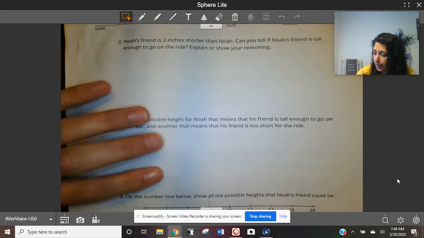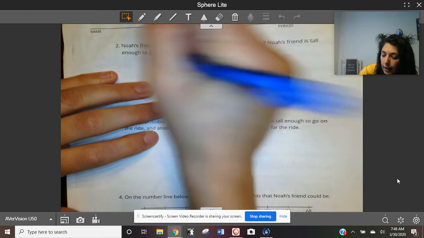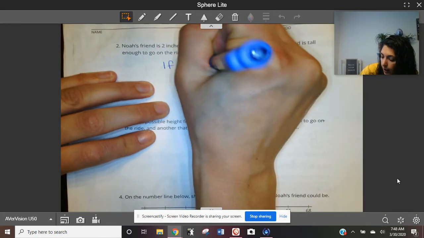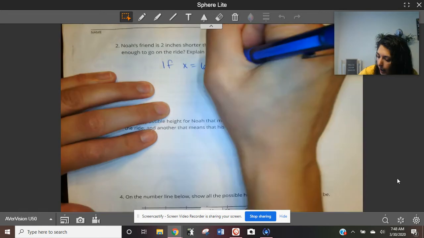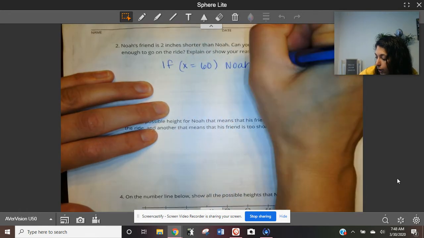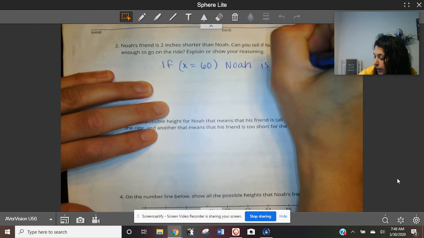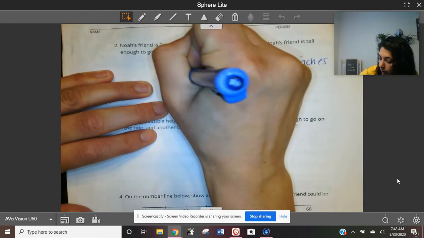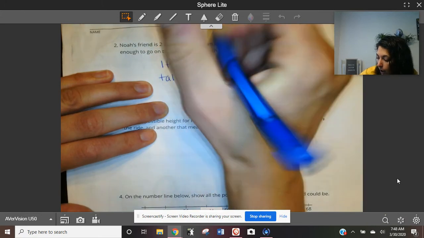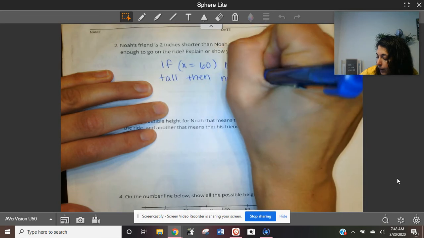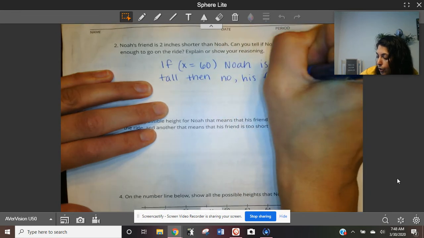So let's think about this. So let's say the first thing. So if X was equal to 60, right? So if Noah is 60 inches tall, then no, his friend would be too short, right?